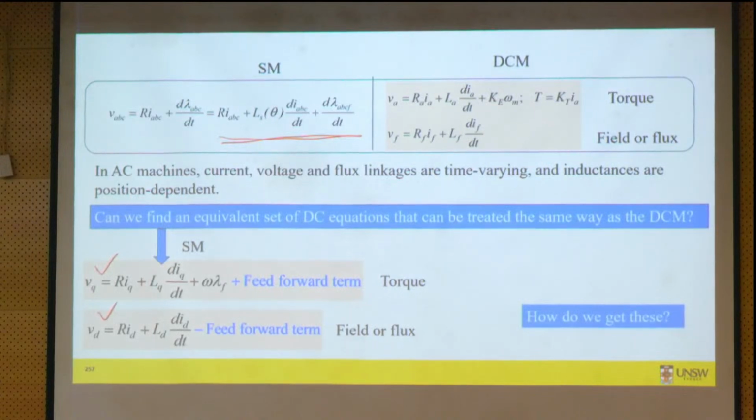If you compare them now with a separately excited DC motor's equations, you see the similarity here; they are pretty much the same. And in the DQ model, our torque equation also becomes a function of the Iq current, and the flux linkage becomes a function of the Id current.